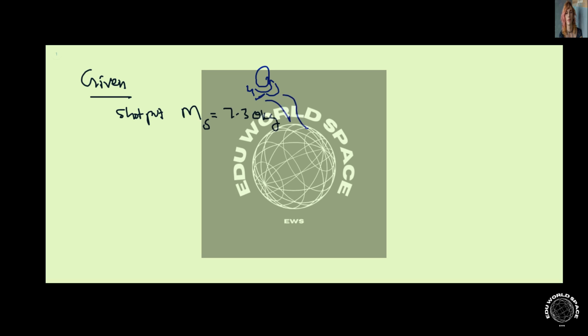It has a mass of 7.3 kilograms, and we're also given the initial velocity of the shot put, VSI, as 15.0 meters per second.